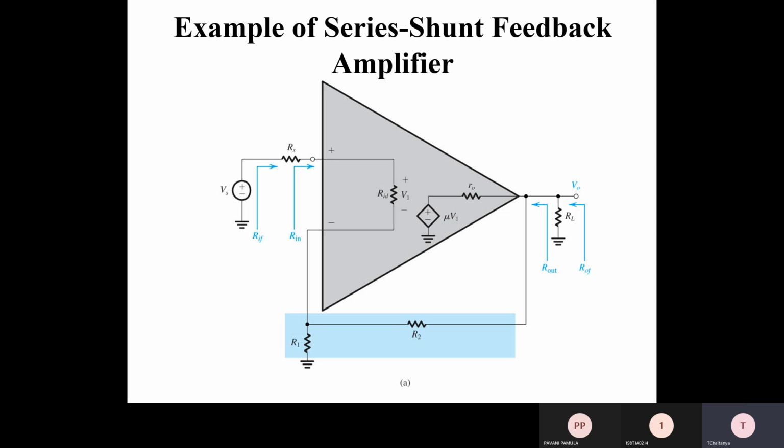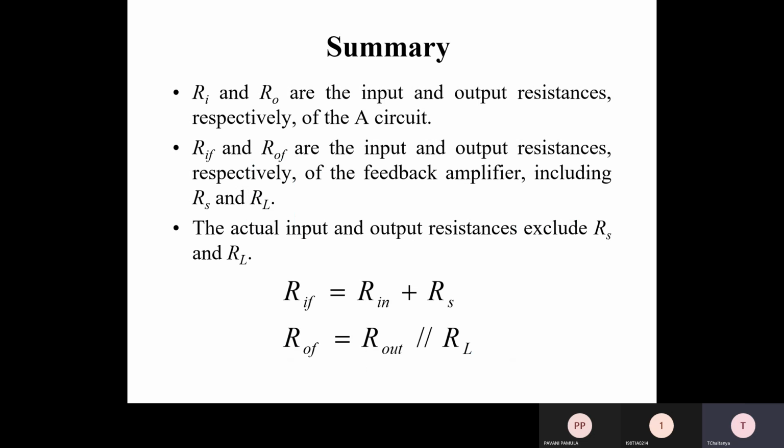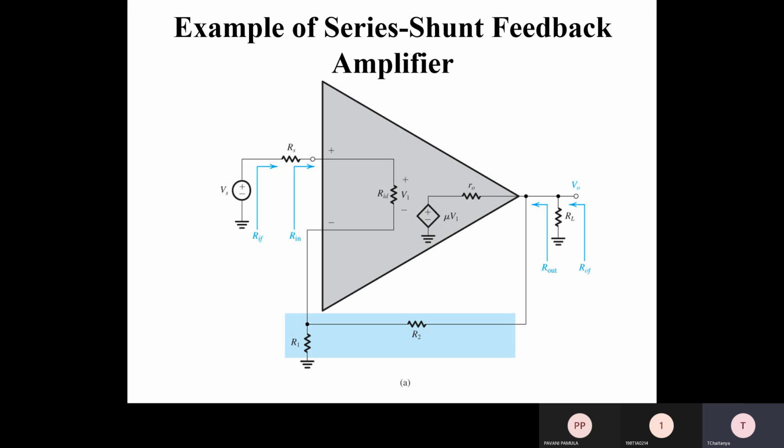This one is the source resistance and this is the input resistance. These two are in series, and the output resistance Rout is in parallel with the load resistance RL.